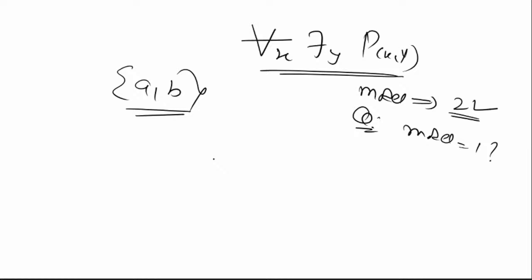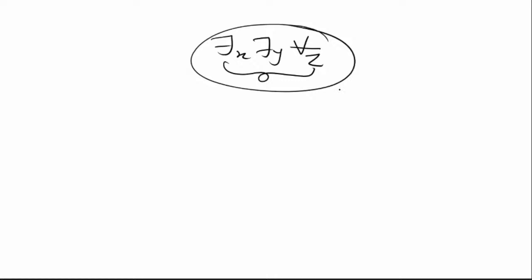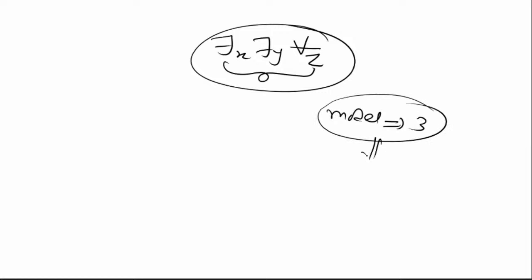Rajdeep, no, you cannot say that, because it will depend on the question. What is your formula? For example, we have already taken this type of question. For this question, a model of size 3 will imply a model of size 2.